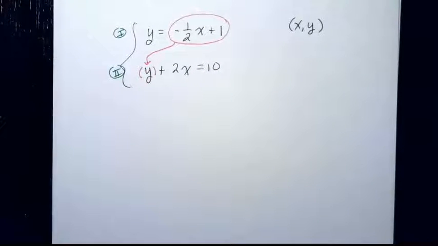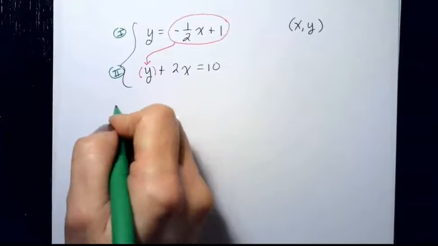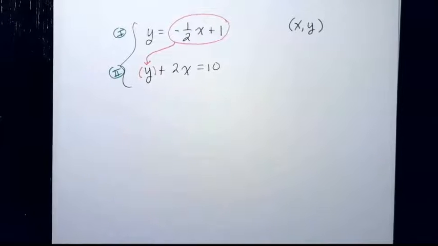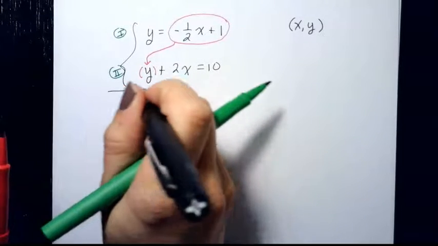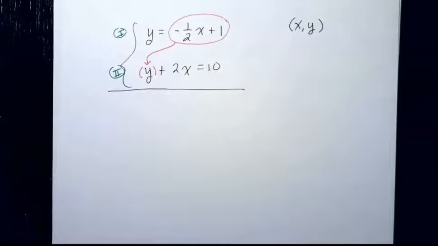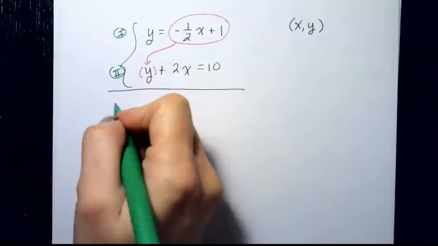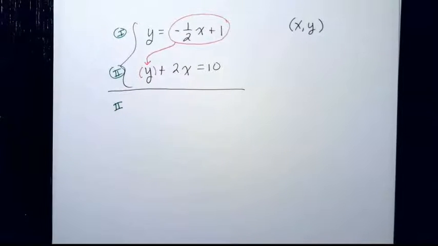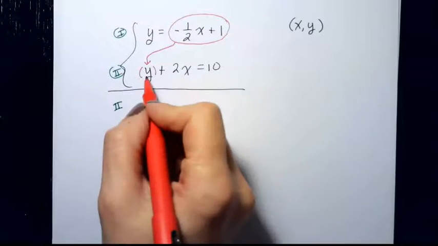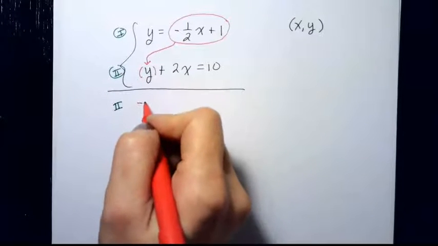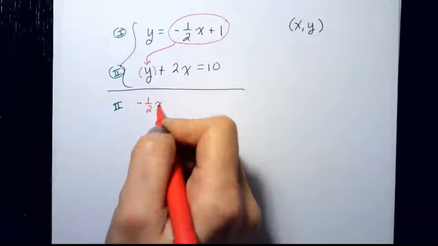So my second equation will now look like so. Sometimes we draw a line just to show that we're resetting or reworking our system. And I'm just labeling my equations to help you keep track. So my second equation will now have this y substituted as negative 1/2 x plus 1.